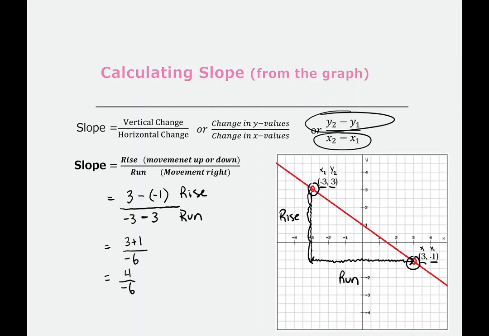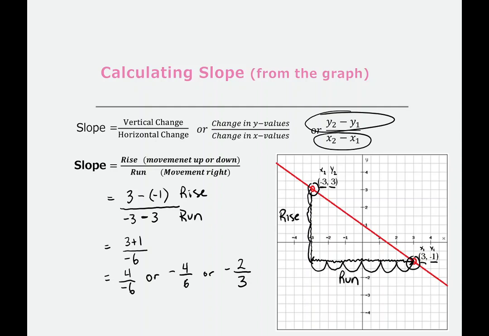Our movement down is 4, and this means that our run should be 6, so let's check. 1, 2, 3, 4, 5, 6. Another way to write this, we can write the -4 over 6. And if we simplify this, this is the same as -2 over 3.